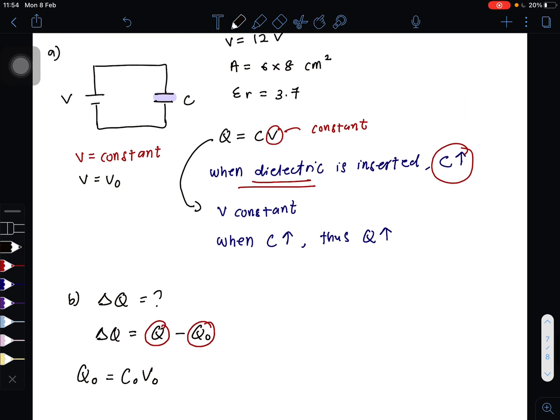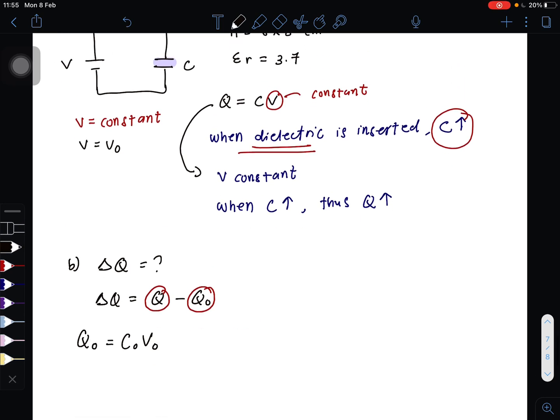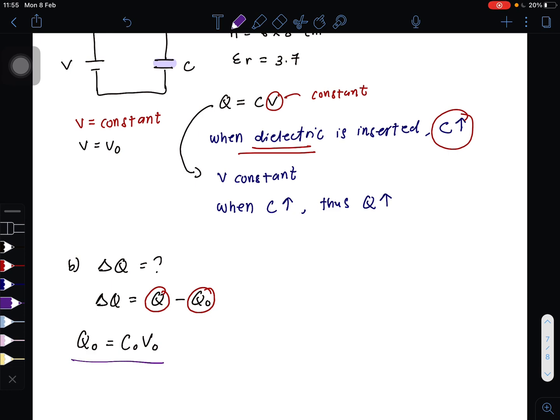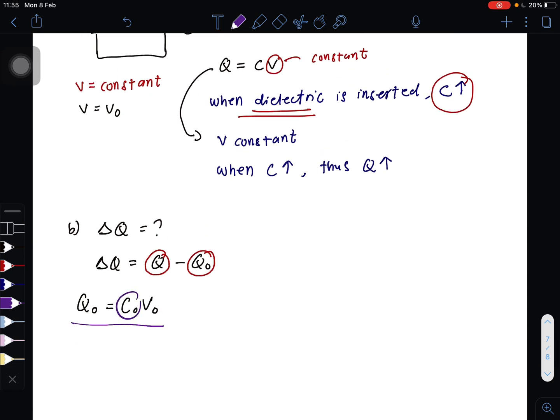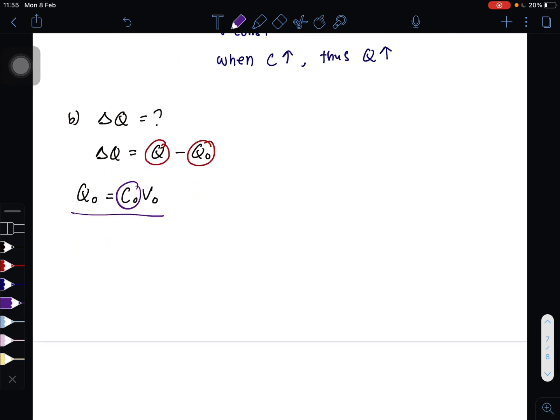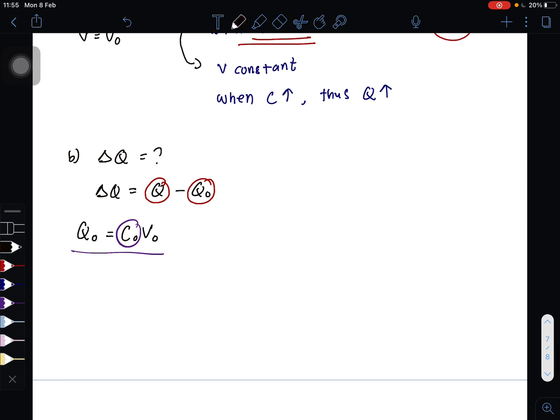But we cannot find it using this formula because we don't have the value for C0. So we find C0 first, which is C0 equal to epsilon times area divided by the distance.